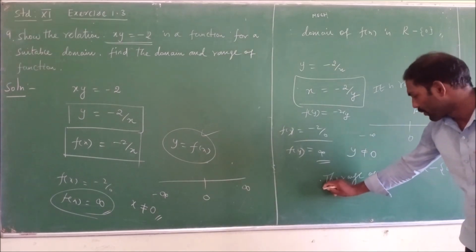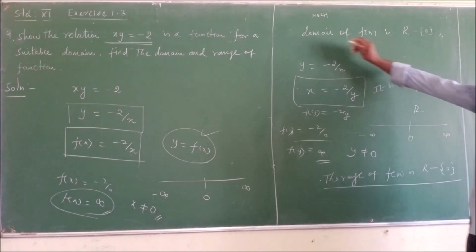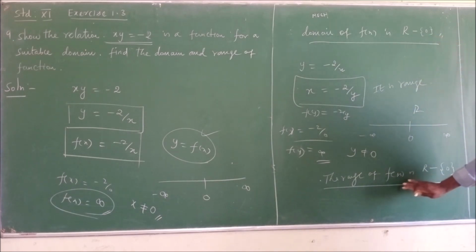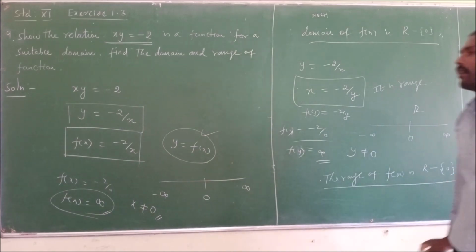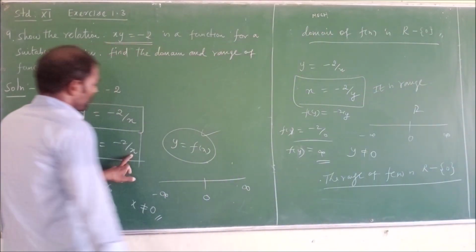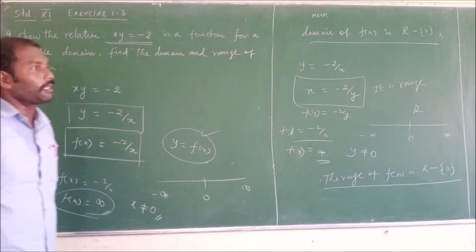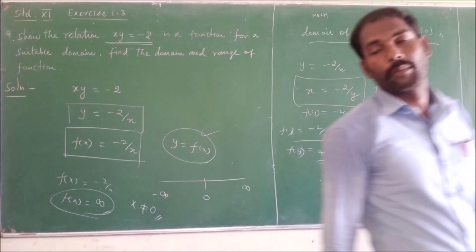So the domain of f of x is R minus 0, and the range of f of x is also R minus 0, because the value of x is the domain value and y is the range value. Clear? The 9th problem is completed. Remaining problems are assignment problems.